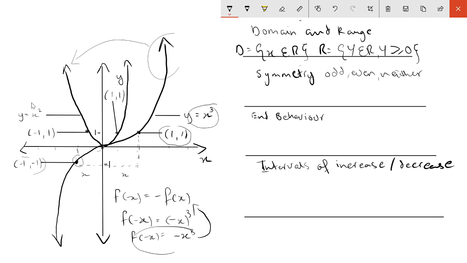And then if I take it from that quadrant and shift it over here, I'll have the exact same graph that I have right now. So if I turn the graph 180 degrees or 2 quadrants, it doesn't matter which direction, I'll end up with the same graph. Any function that has that property is called an odd function. So we can say y equals x cubed is an odd function.